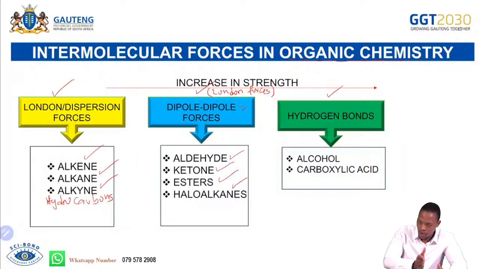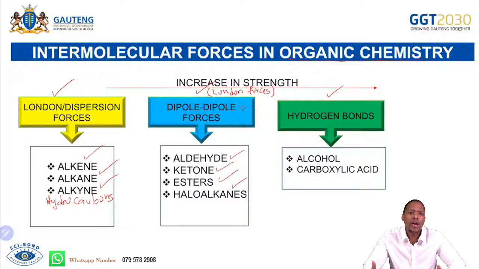So here you have London forces, here you have London forces and dipole-dipole. If someone asks you for intermolecular forces in an aldehyde, I wouldn't expect you to start by saying London forces. What I would expect from you is to say dipole-dipole. And then if they ask for more than that, you can say dipole-dipole and London forces. Okay, grade 12? Because they are there, but they are not the strongest.